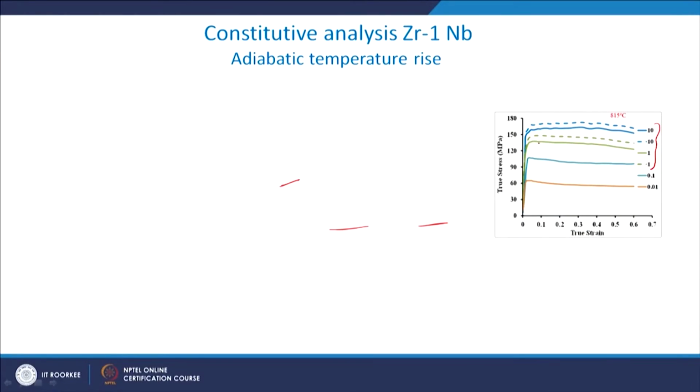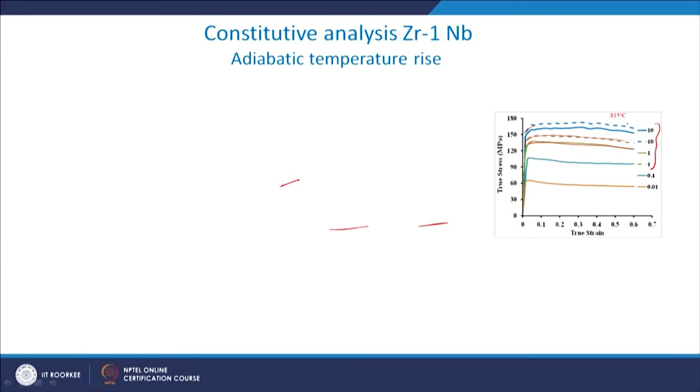So, you can see that this is my flow stress which is measured experimentally, but as we are expecting that temperature rise must have taken place, the flow stress for that temperature should be this one. Similarly, this is the flow stress at a strain rate of 10 we have measured, and this is what we have done the compensation for the temperature rise. So, now flow stress is more for that particular temperature.